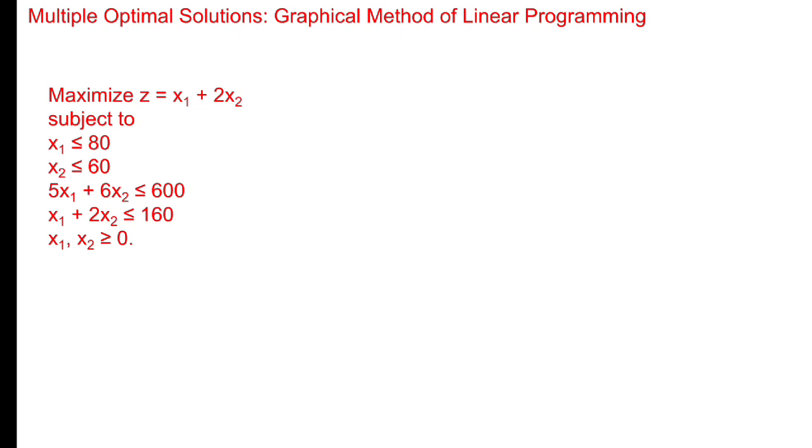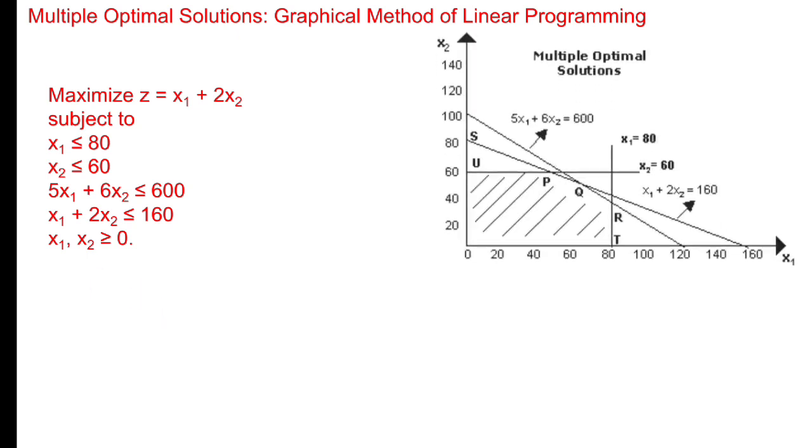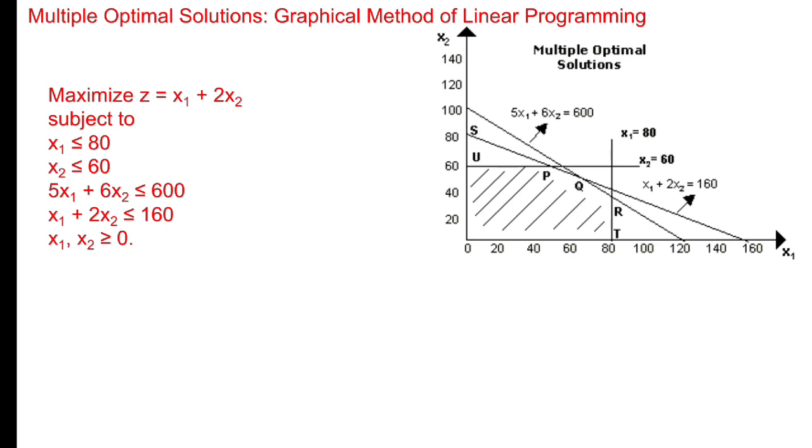Now, another method: multiple optimal solutions. Here you see many constraints are given, so how to find the solution is what we are going to see. First, x1 less than or equal to 80: we put x1 equal to 80, a vertical line parallel to the y-axis. x2 less than or equal to 60 is parallel to the x-axis, perpendicular to the y-axis, and we write it as x2 equal to 60.